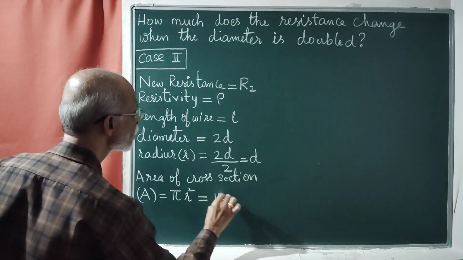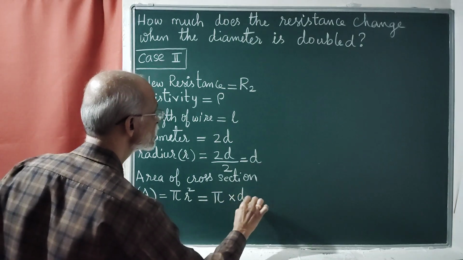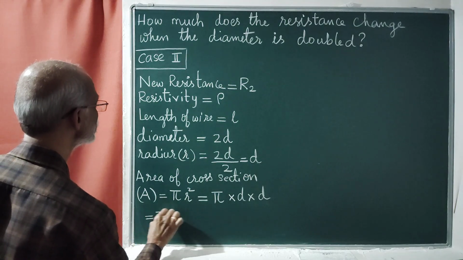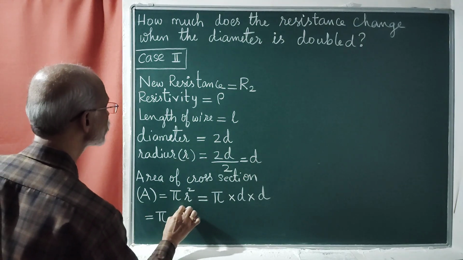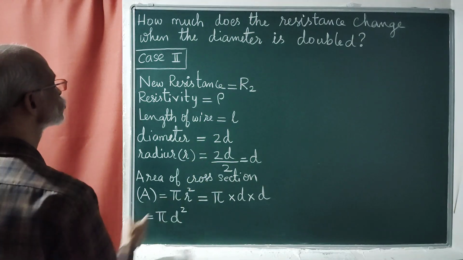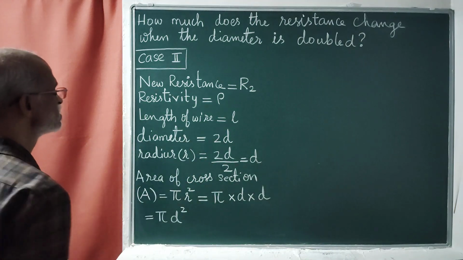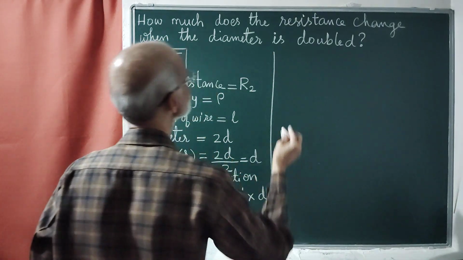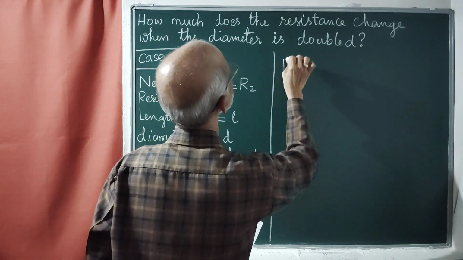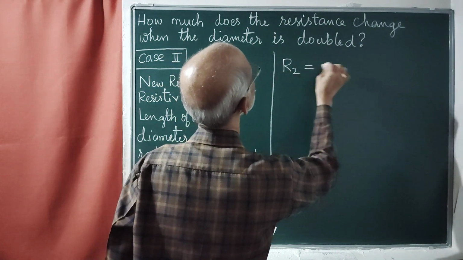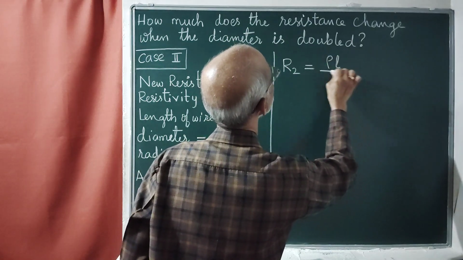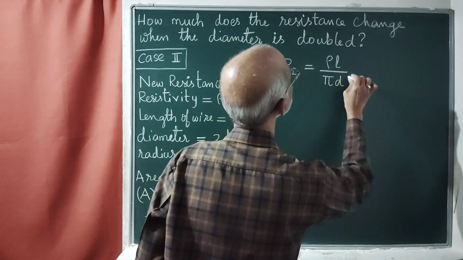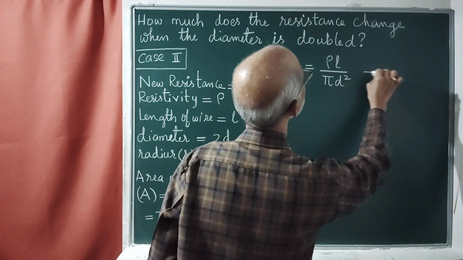That's equal to pi into D into D. That's equal to pi D square. This is the area of cross section in case 2 when the diameter is doubled. Now we'll find the new resistance. The new resistance R2 is equal to rho L by A, that is rho L by pi D square. So this is equation number 2.